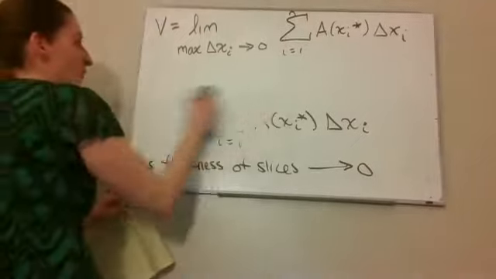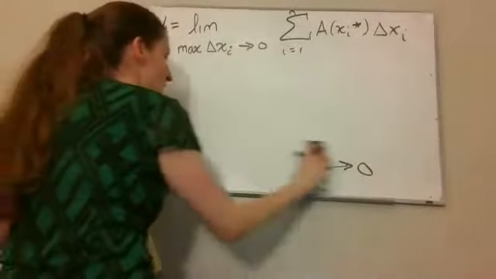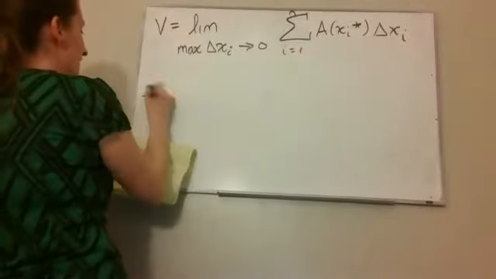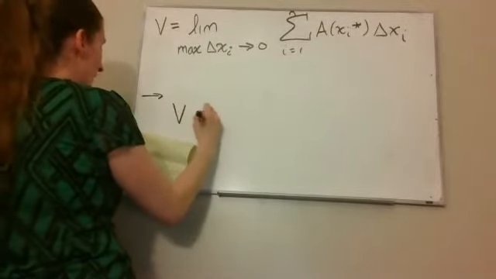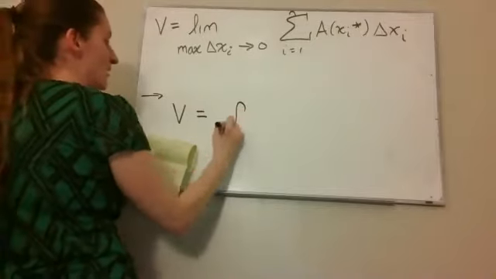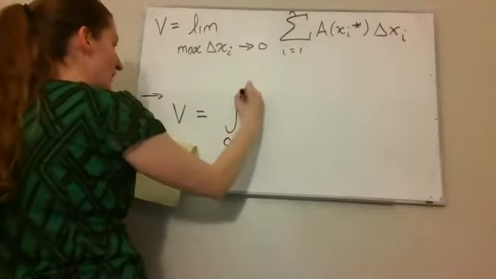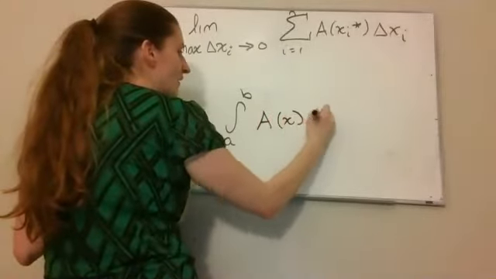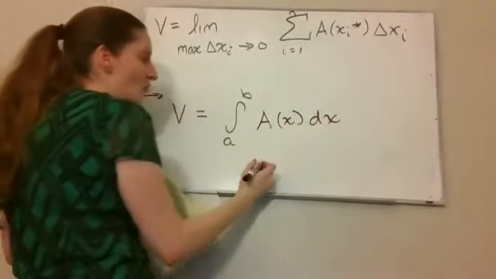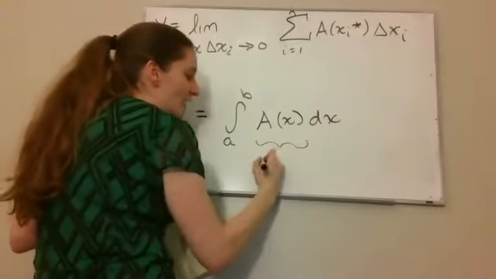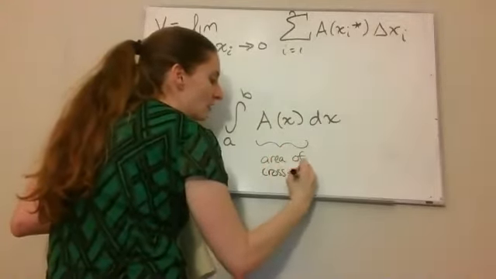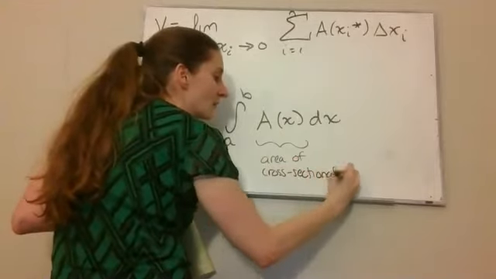So the formula that we actually use in practice is after we take the limit and we get that the volume of our object is equal to the integral from a to b of A of x dx, where this A of x is the area of the cross-sectional face.